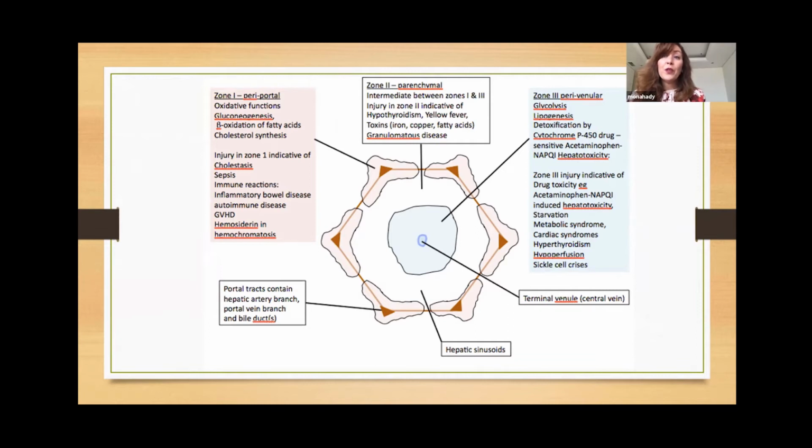That's why, for example, in paracetamol toxicity, the damage on histology is more prominent in zone 3. So it is important to understand this structure if we're using histology to aid us in the diagnosis of liver involvement.